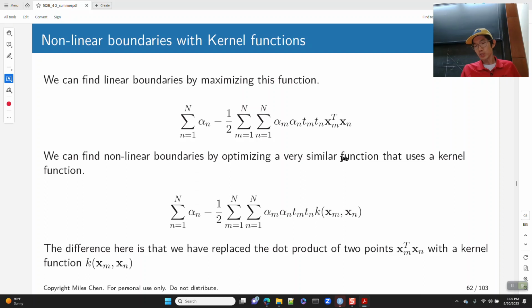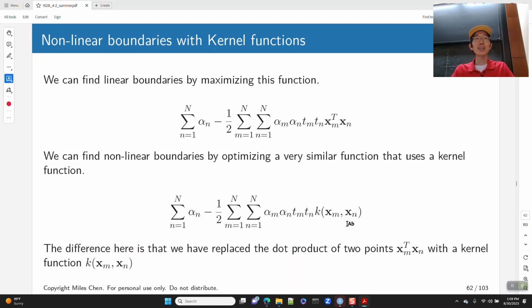What we can do is replace this inner product xm transpose xn with something known as a kernel function between xm and xn. Okay? And what is a kernel function? Kernel is one of those words that shows up all over the place in mathematics, and it means something different every single time.